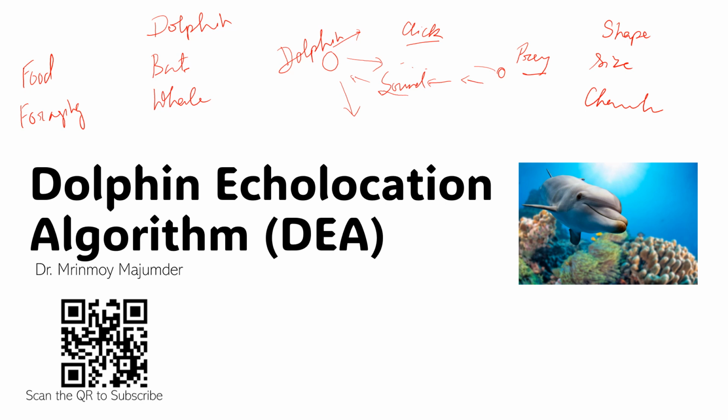If there is no other dolphin, then it has to rely on itself only that there is a prey in that direction. So that is all. But in this algorithm, Dolphin Echolocation Algorithm, which in short is DEA, we will consider only one dolphin, or the food foraging behavior of a single dolphin only.